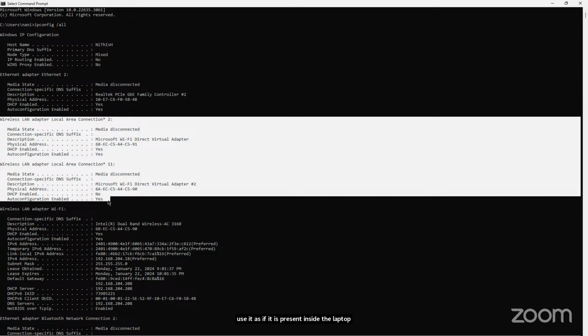You can see two wireless LAN adapters in this output, but in real, my laptop doesn't contain these two. We can create them with techniques like VMware, VirtualBox. That's a separate topic, but this is an overview.